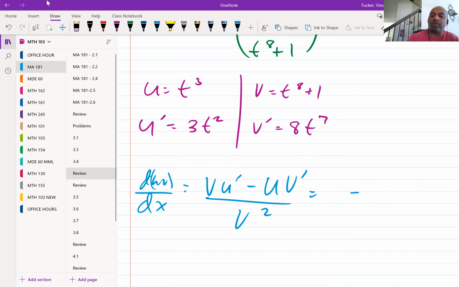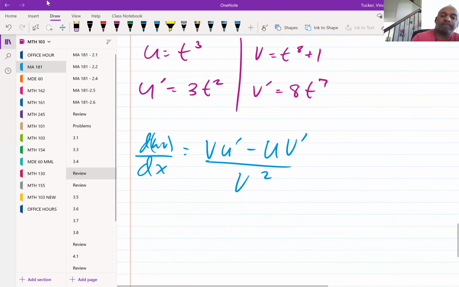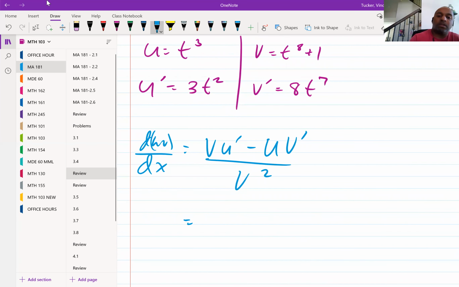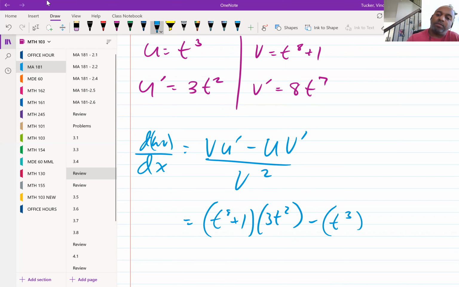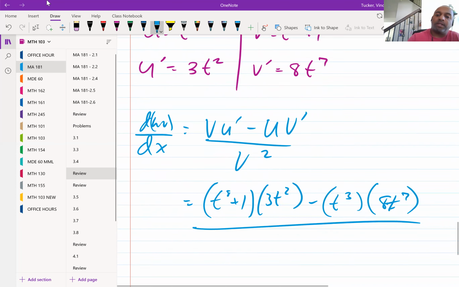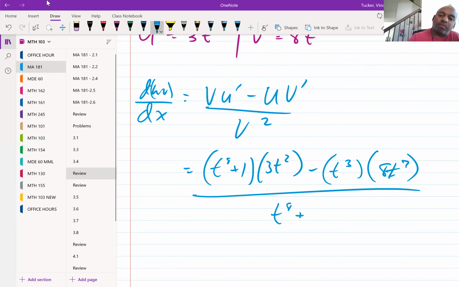And I'm running out of room, so I'll bring it down to the bottom. t to the 8th plus 1 times 3t squared, minus t cubed times 8t to the 7th, all over t to the 8th plus 1 squared.